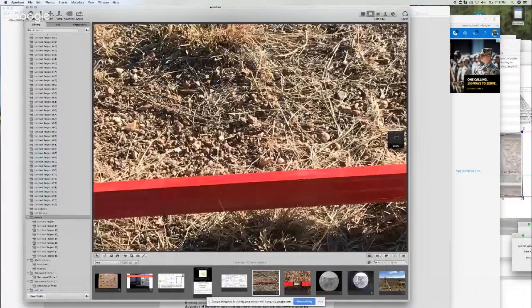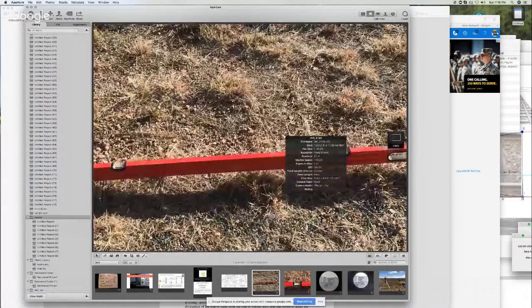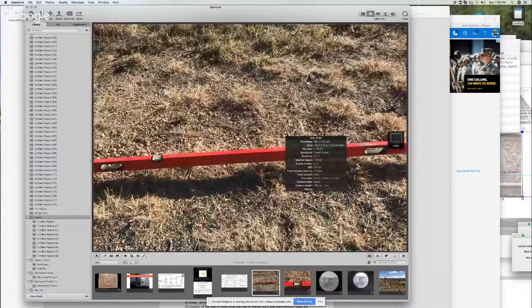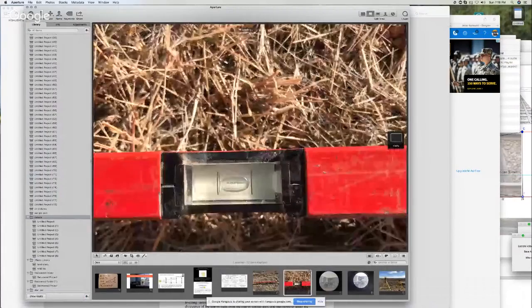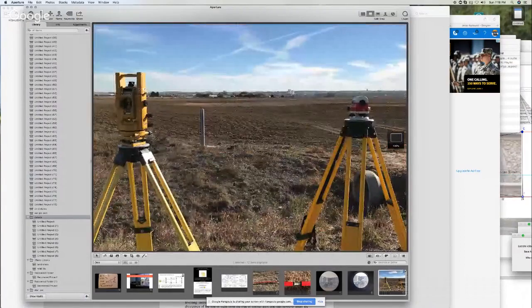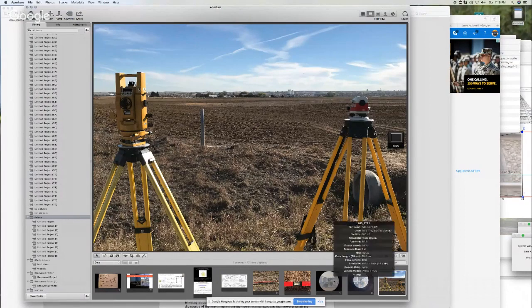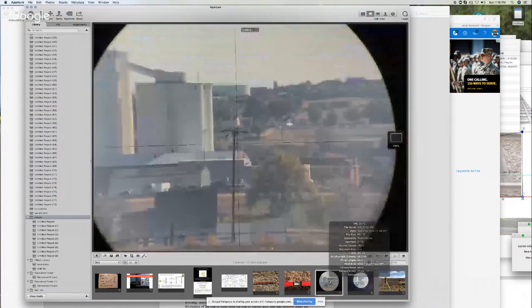I set up 2 spikes in the ground, made sure they were perfectly level, set up a theodolite, set up a level, and set up the crosshairs in both instruments at the exact same elevation. Then pointed them at the exact same target.